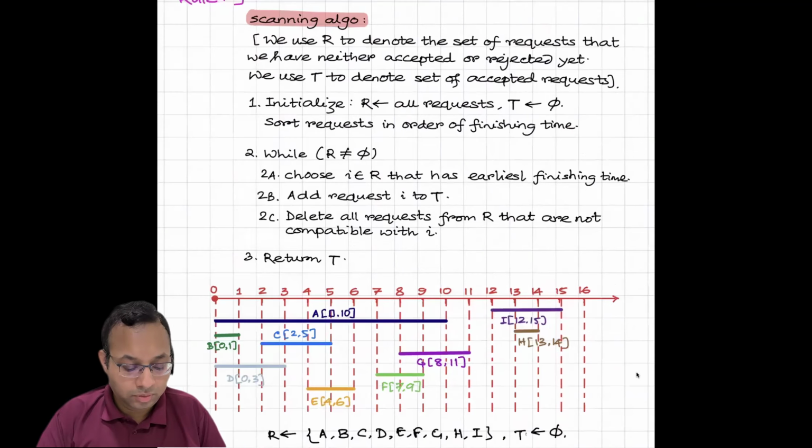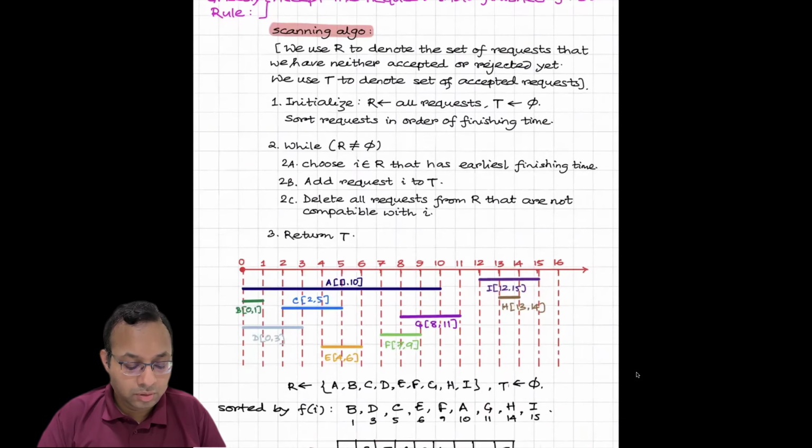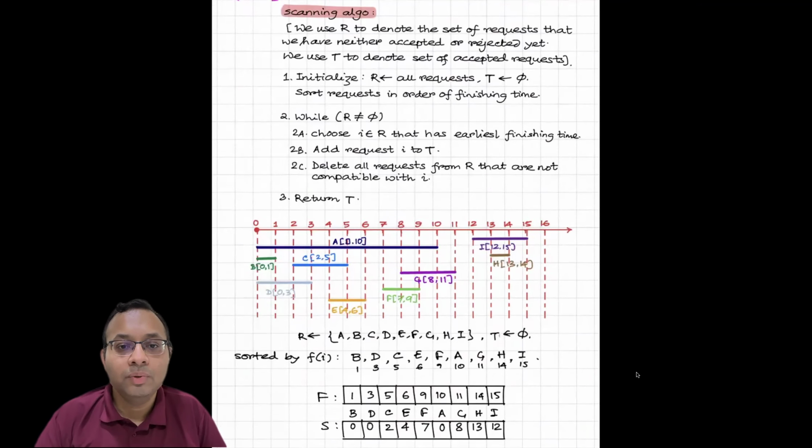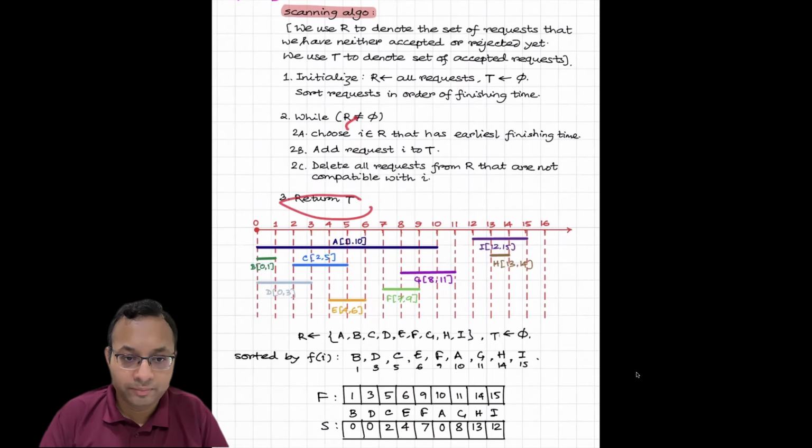Now in the loop, we have this while loop. While R is not empty, we choose the i which has the earliest finishing time. And then we add this request to T, and we delete all requests from R that are not compatible with i, and we return the set of jobs at the end, return T when R is empty.